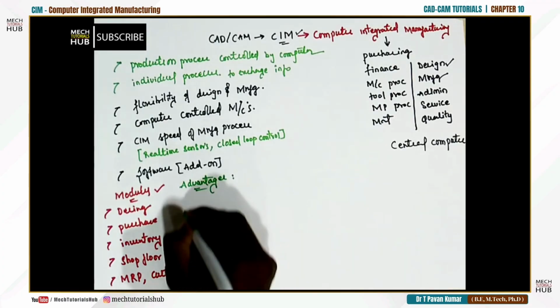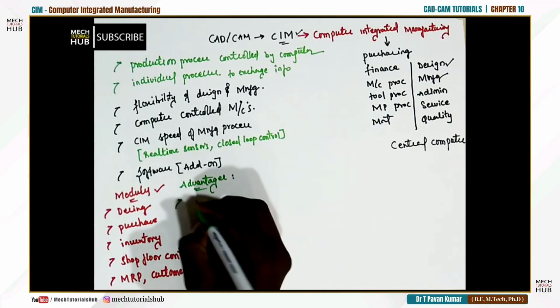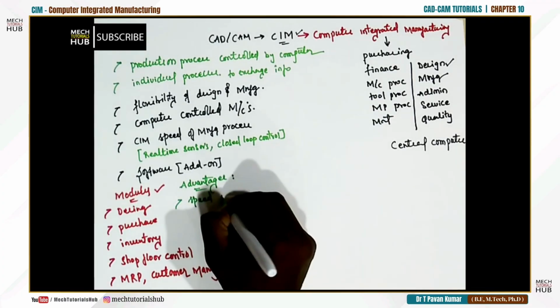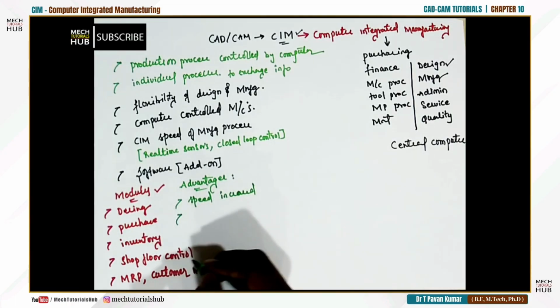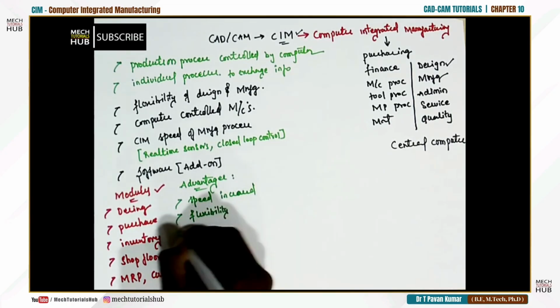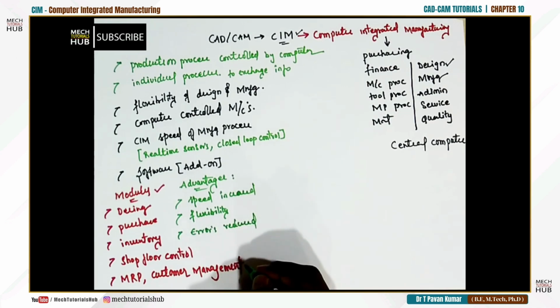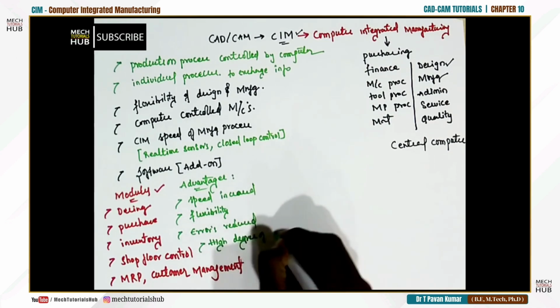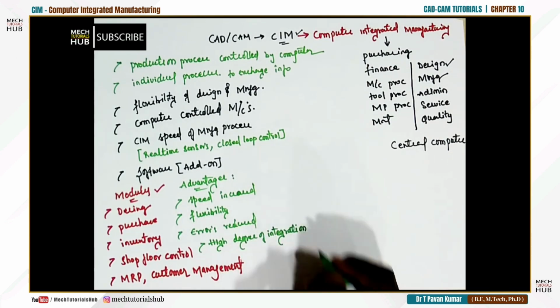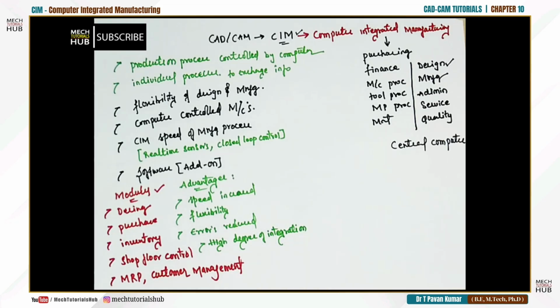The main advantages are: we can increase the speed; number 2, flexibility of manufacturing can be improved; errors can be reduced; and high degree of integration. These are all the terms possible. Other than this, more production, high accuracy, high precision, less wastage of material, many other things can be taken into picture.